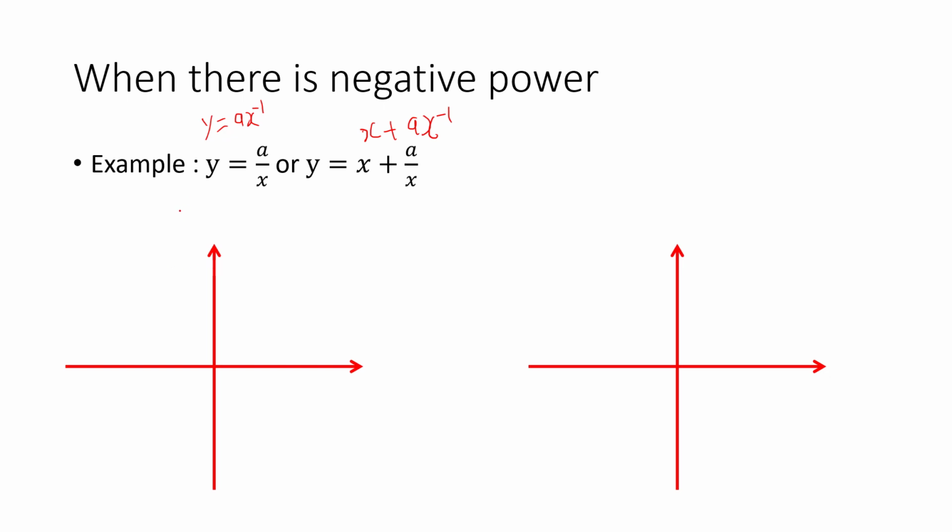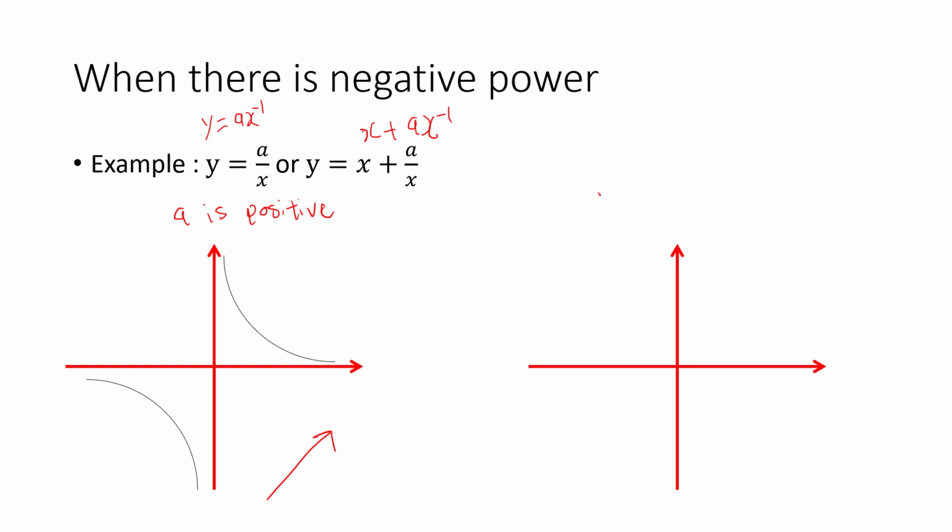So when we have a negative power 1, when a is a positive number, my graph will look something like this. It is as though there are two lines that is going to the up direction.